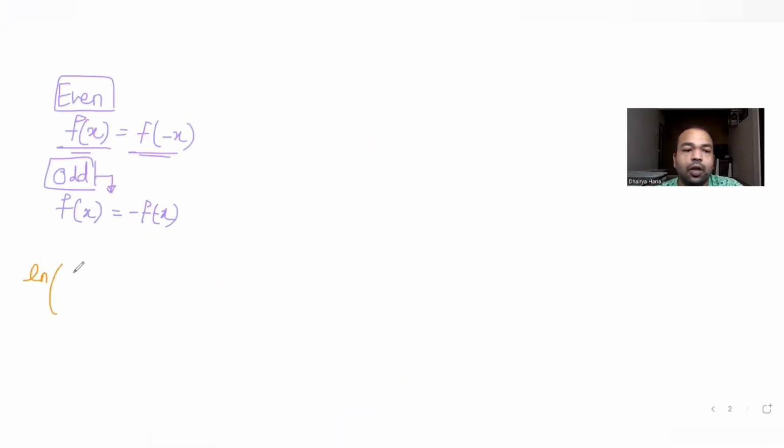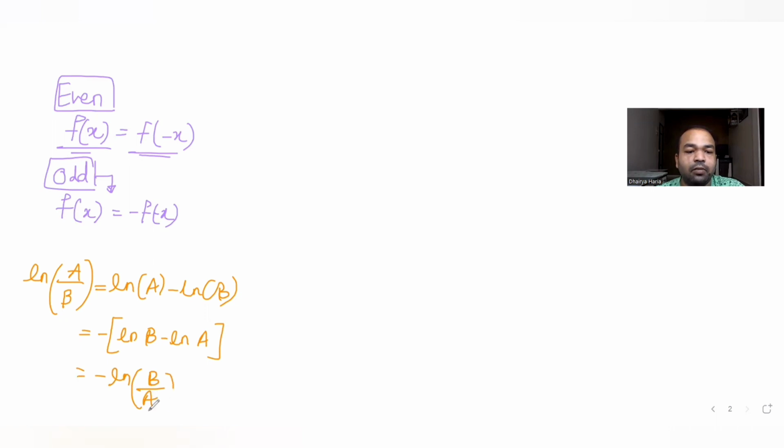So whenever you have log a upon b, you can write that as log a minus log b, or you can also write that as minus taken common, you get log b minus log a, that becomes minus of log b by a. So you get that as exactly negative and the terms become opposite.